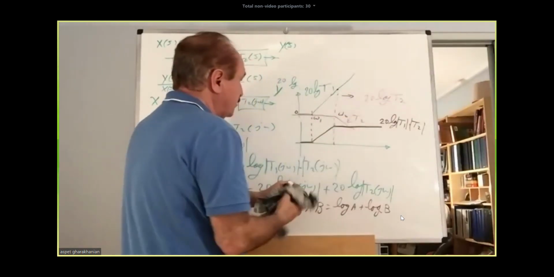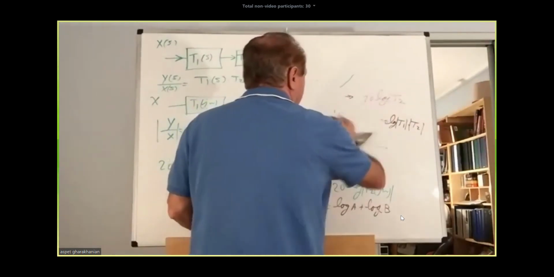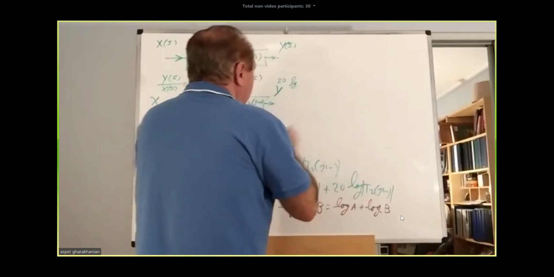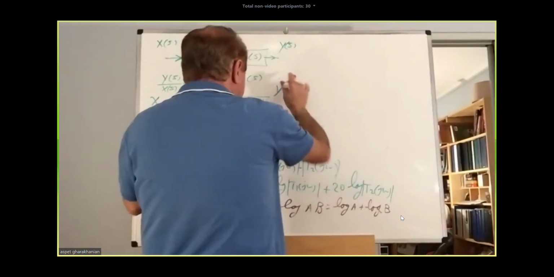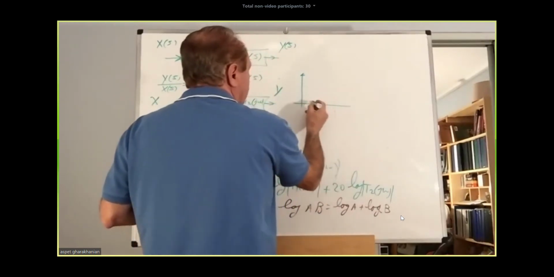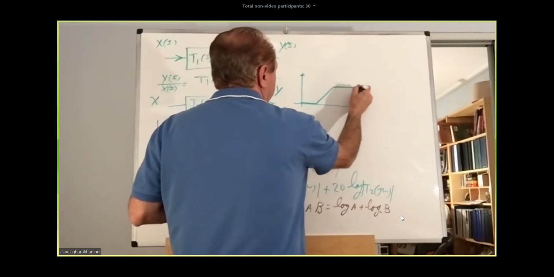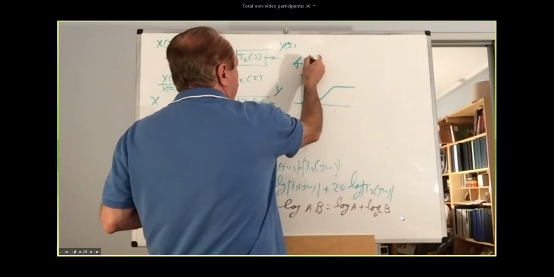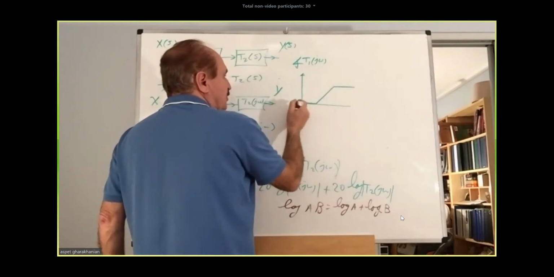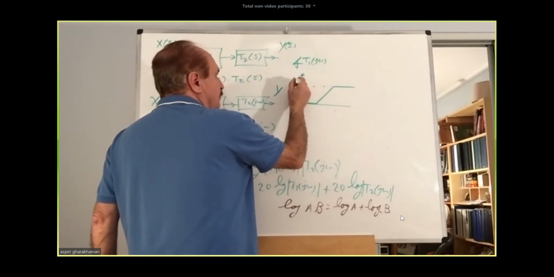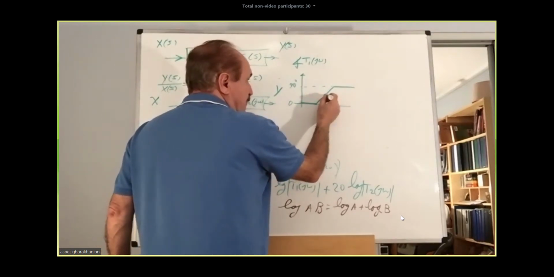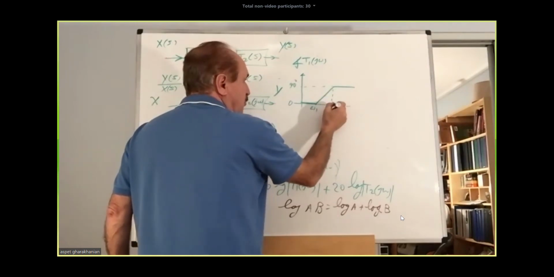instead of gain, let me erase this. Here, if you have the phase angle here, if this was the angle of transfer function T1 of j omega, for example, it was rising from 0 degrees to 90 degrees at a given slope, at two specific frequencies here, omega 1 and omega 2.